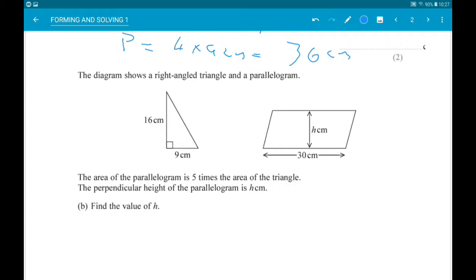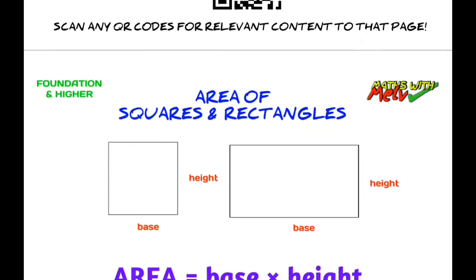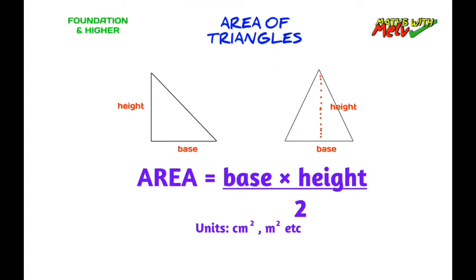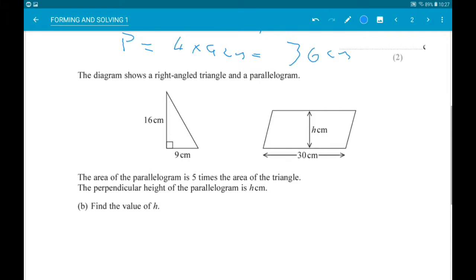Okay, so to do this, we are going to need the area of the triangle first of all. So if you're rusty on that, it's in my new formula sheet, which by the way is linked down below. So it's 1/2 times the base times the height. So here then, we are going to have 9 times 16 divided by 2.